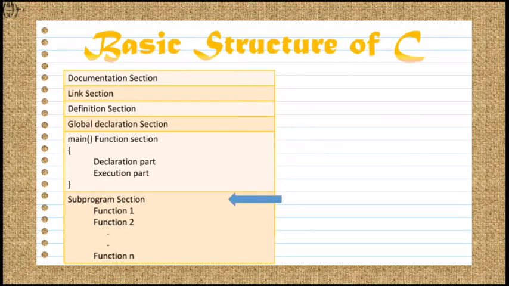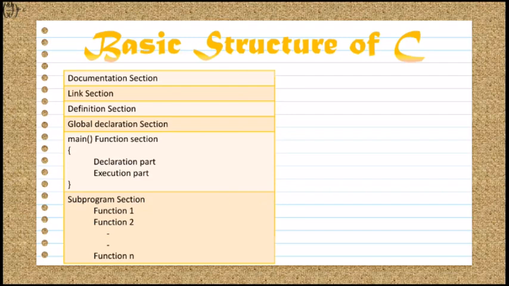Next section is subprogram section. The subprogram section contains all the user defined functions that are called in the main function. So here whatever user wants to create his own functions, he can create these functions in this section. User defined functions are generally placed immediately after the main function.